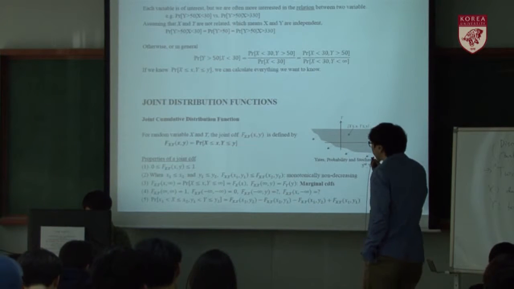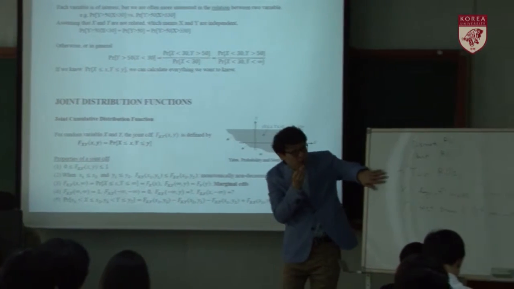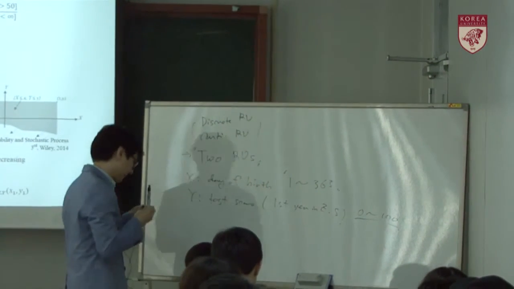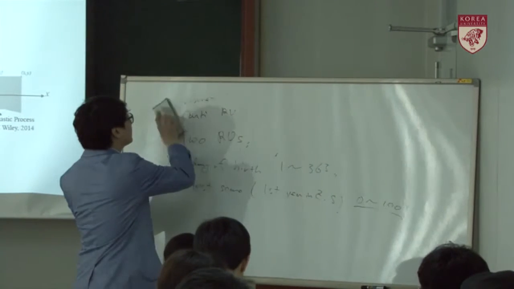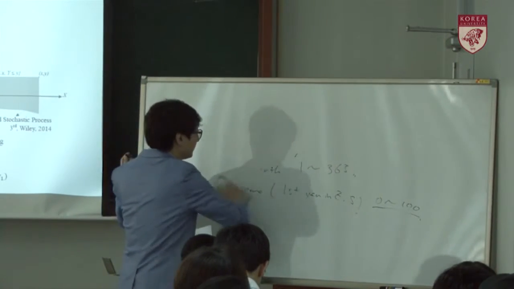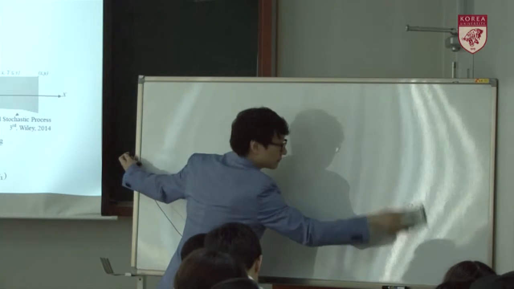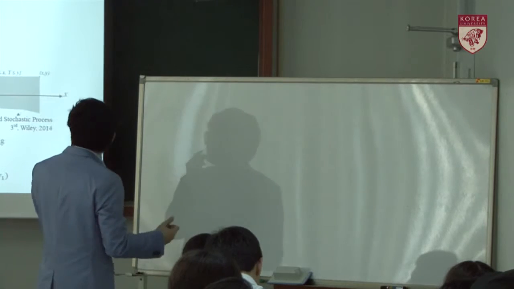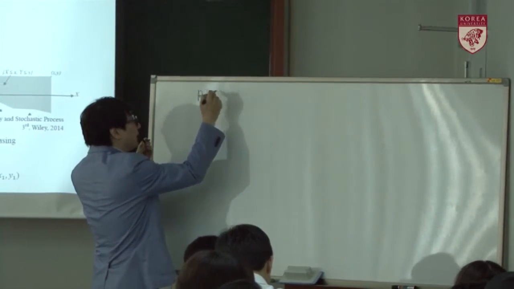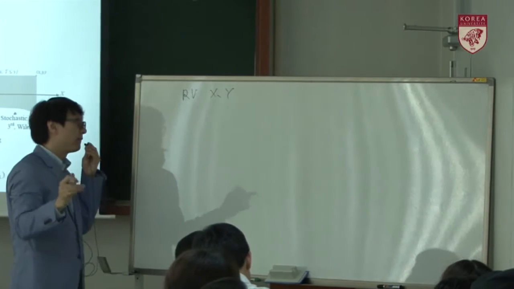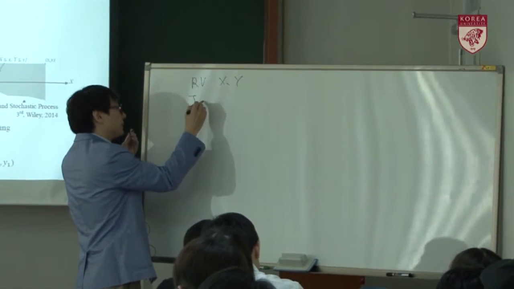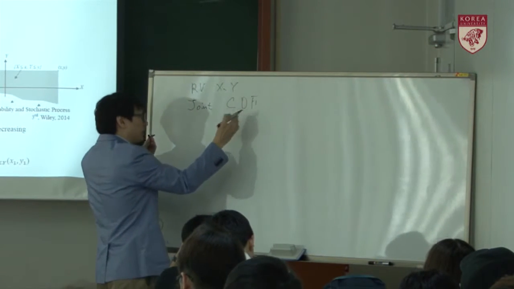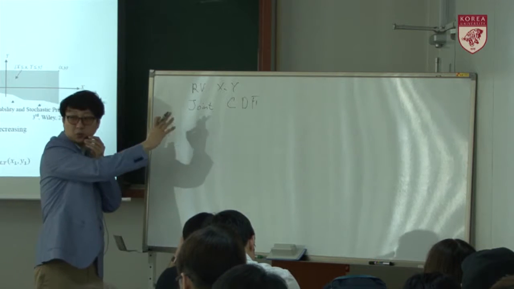Okay, so the key point of these two random variables is the joint distribution. For random variables x and y, we define the joint cumulative distribution function. This is the same as a CDF, but it's a joint CDF.